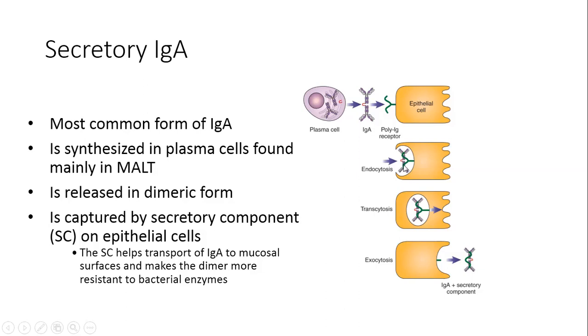So this illustrates that here's the IgA that's bound by the receptors on the secretory component. And the secretory component attaches itself to the dimer and pulls it into the epithelial cell through a process we know as endocytosis. So the IgA is from outside of the cell, it's going into the cell and being engulfed by the epithelial cell.